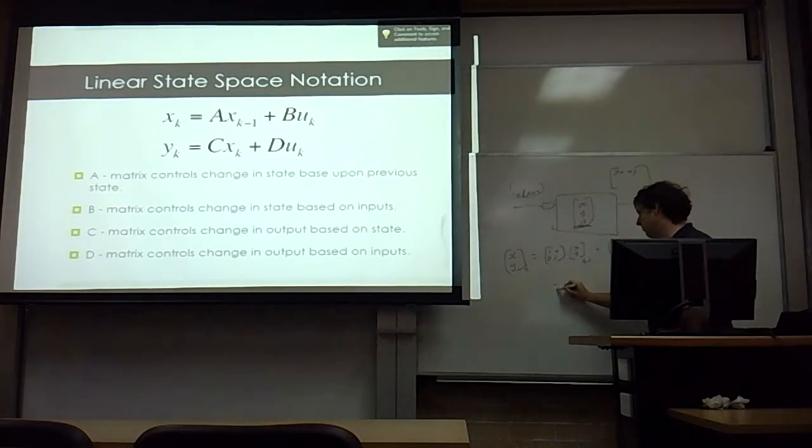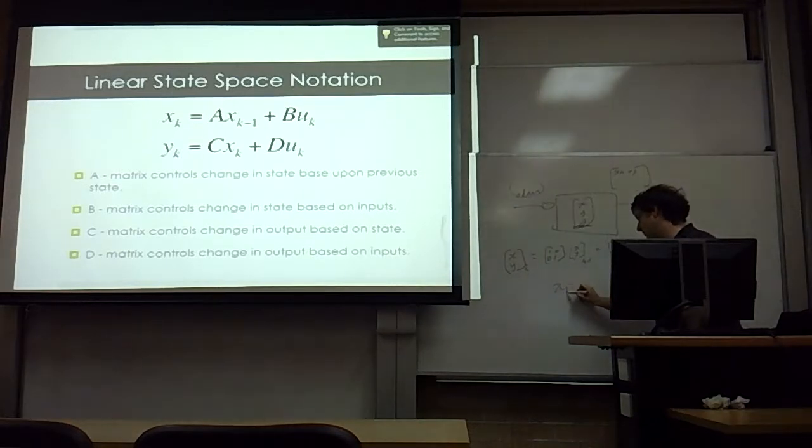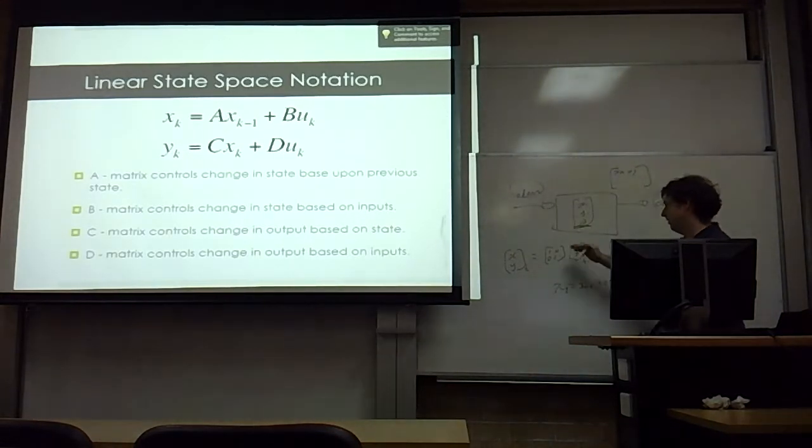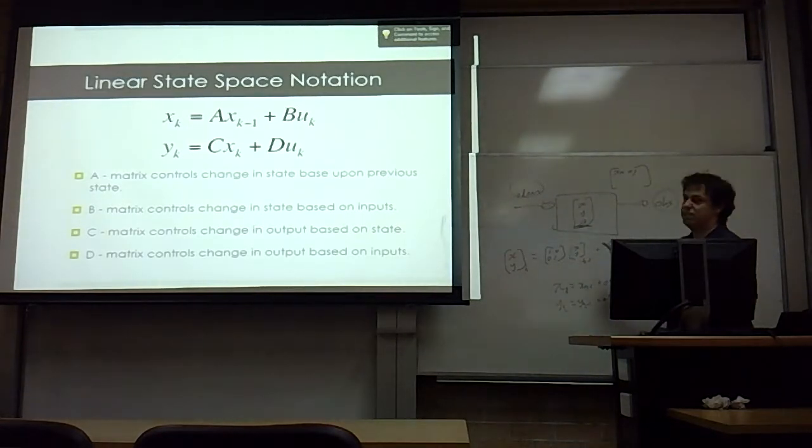The new x would be x_k equals x_{k-1} plus 0.5 z, just by multiplying the matrix through, and then y_k is y_{k-1} plus 0.5 z. That's how those equations work.